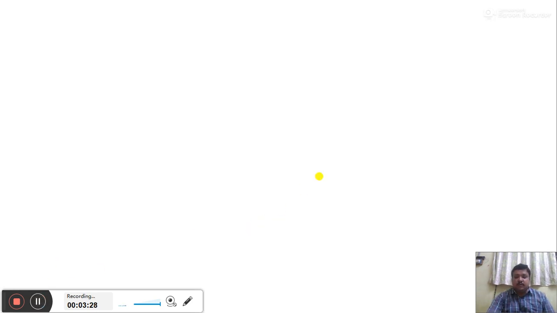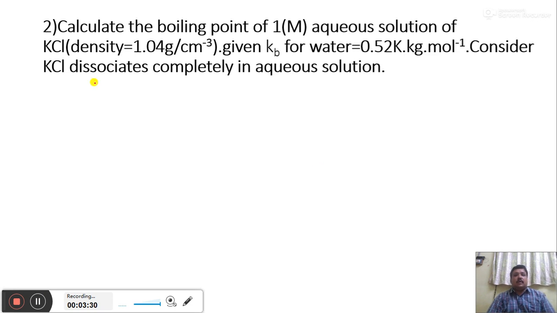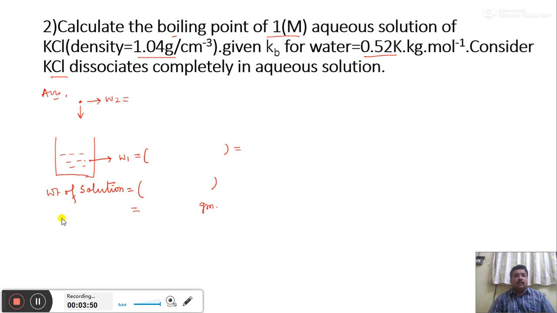My second question is: calculate the boiling point of 1 molar aqueous solution of KCl having density 1.04 gram per centimeter cube, given Kb, and consider KCl dissociates completely in aqueous solution. Now the solution is: the weight of solution, density 1.04 gram per centimeter cube.